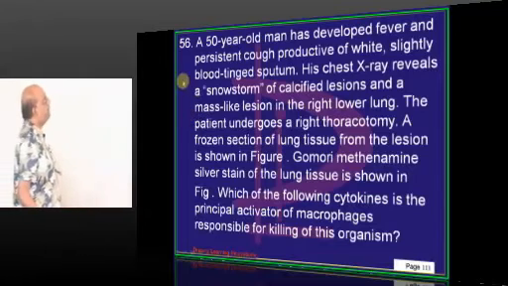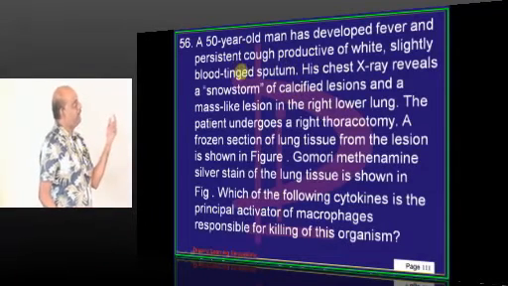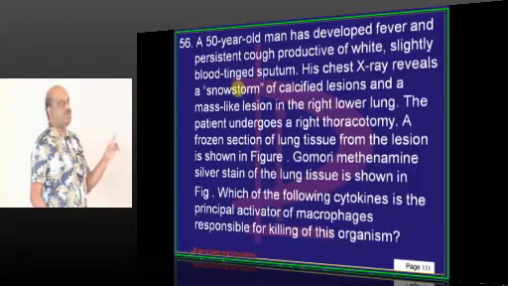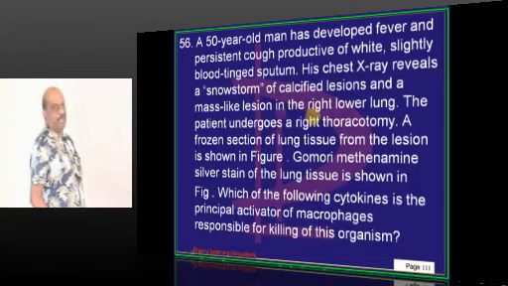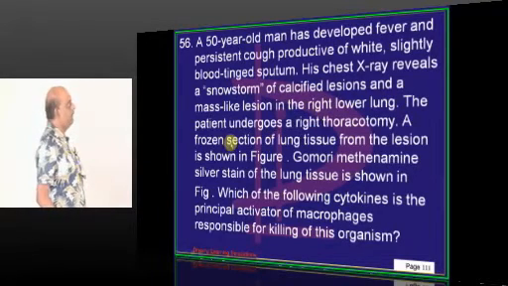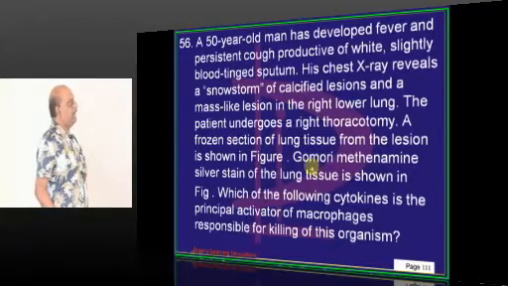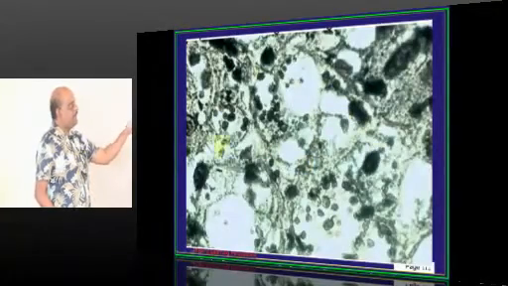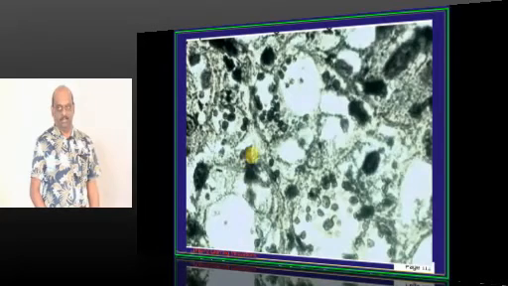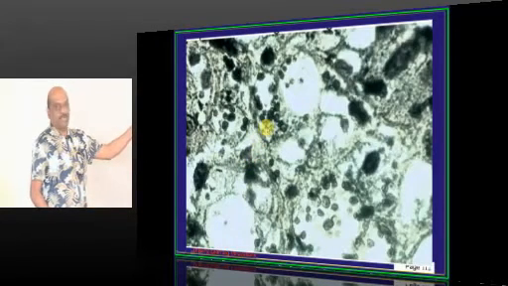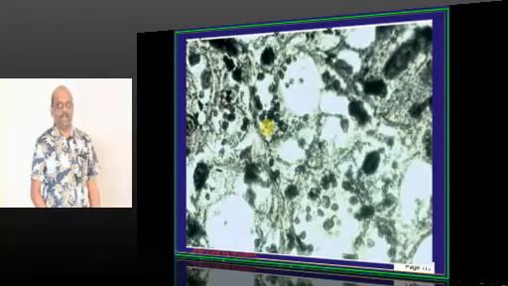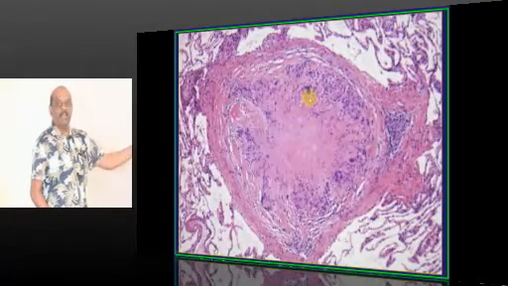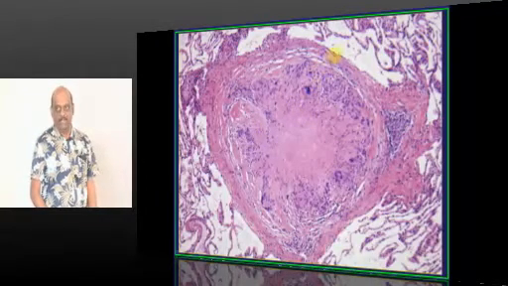A 50-year-old developed a fever and persistent cough productive of blood-tinged sputum. There is a snowstorm calcified lesion like mass in the right lower lobe. He has undergone thoracotomy, and the frozen section of the lung, Gomori stain. What is it showing? It is showing intracellular yeast organisms, and there is a granulomatous inflammation.